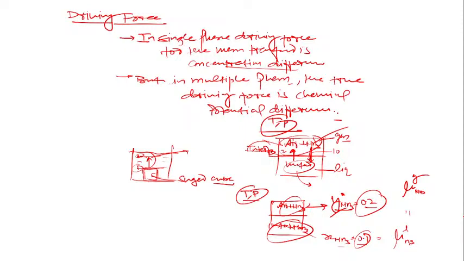It is clear. If you recall, in solution thermodynamics we discussed that multiple phases are said to be in equilibrium at the given temperature and pressure if the chemical potential of each and every species is found to be equal in all phases.